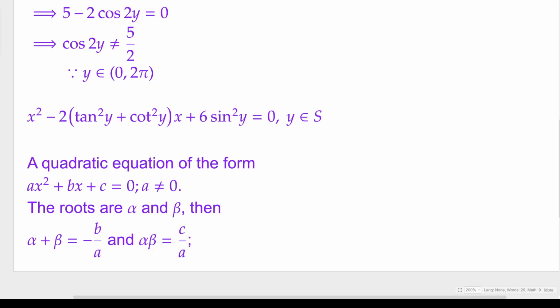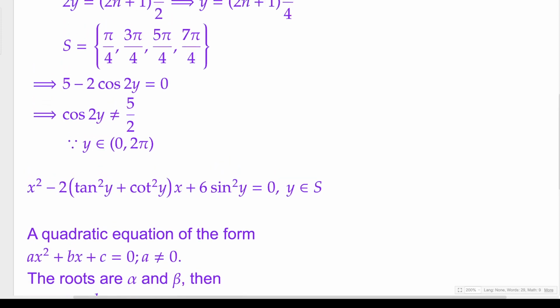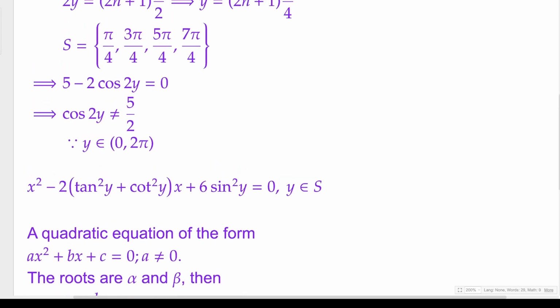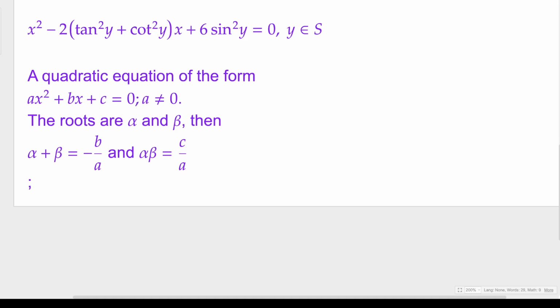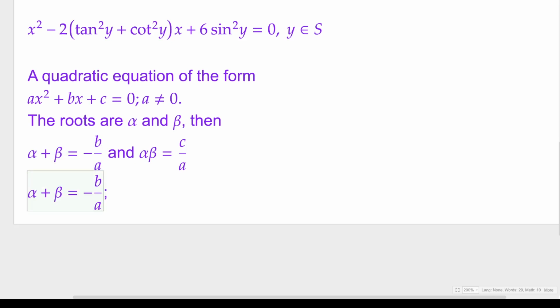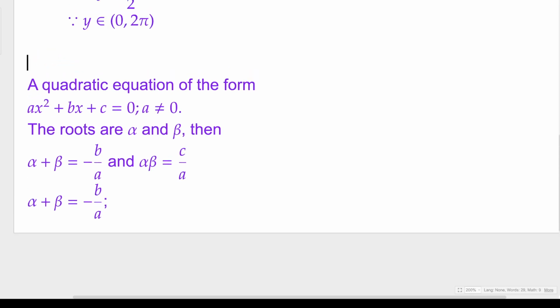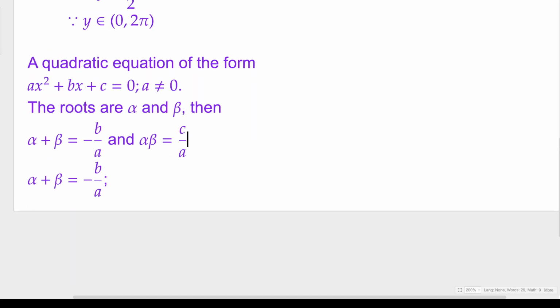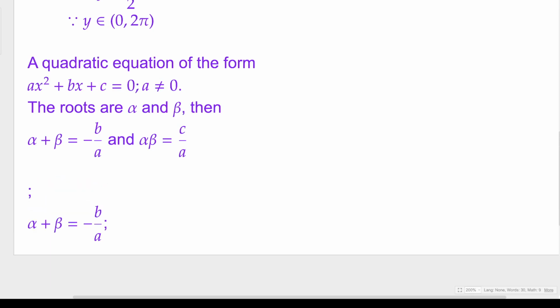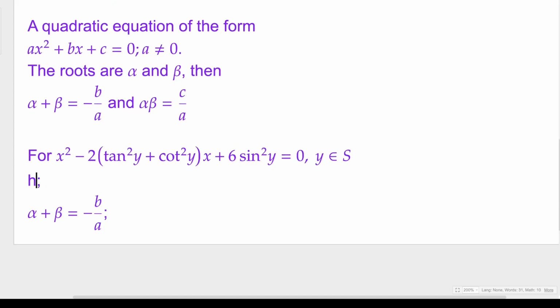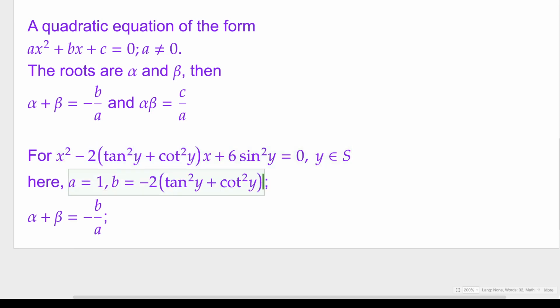So now I'll be using these values, and set S is something that we have already computed, in the listed form. So if I talk about the sum of roots, that is alpha plus beta, in this particular case with respect to this equation, for this particular equation, here definitely a is equal to 1 and b is equal to negative 2 times tan y square plus cot y square.